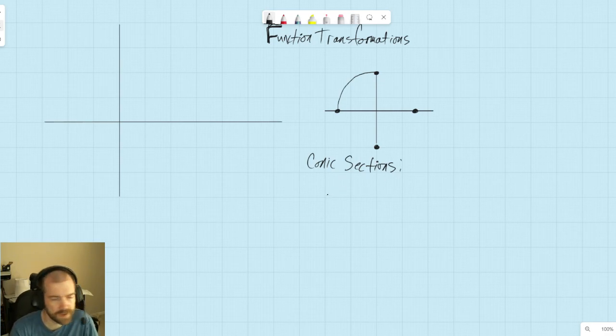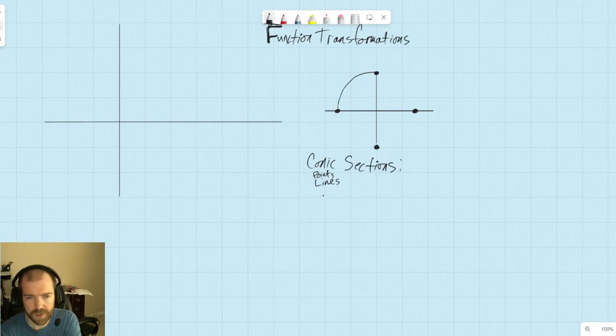And conic sections include stuff like, well, lines, points. So those are the real easy ones. So points and lines, and then parabolas, and actually, I should bump that down one.